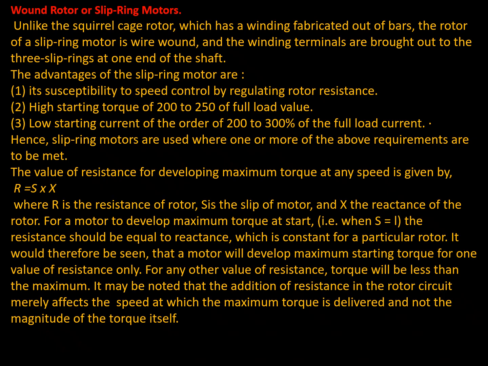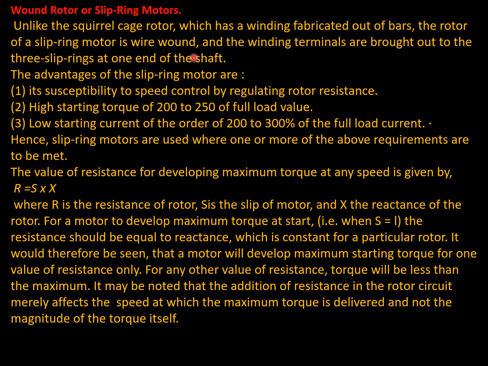Friends, now we are discussing wound rotor or slip ring motors. Unlike the squirrel cage motor discussed in the previous slide, which has a winding fabricated out of bars, the rotor of slip ring motor is wire wound, and the winding terminals are brought out to three slip rings at one end of the shaft.